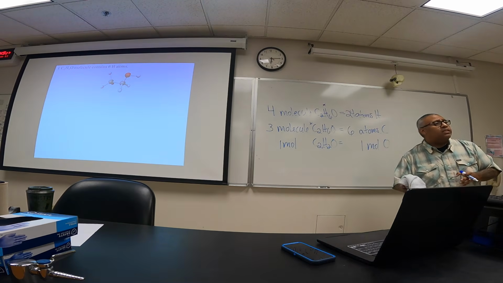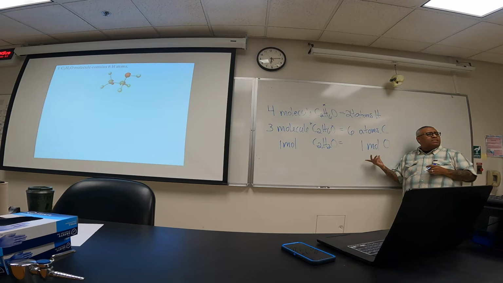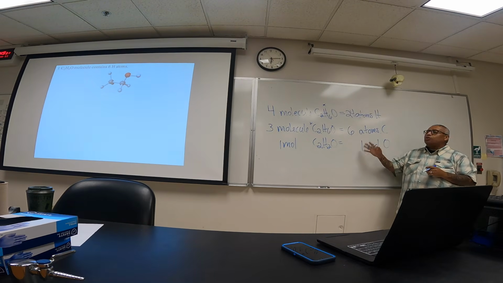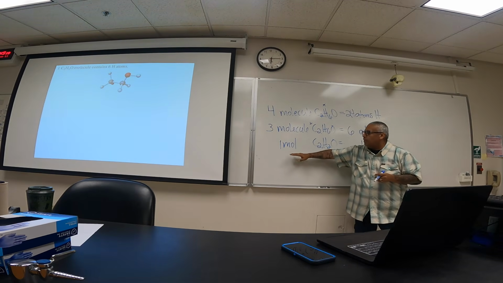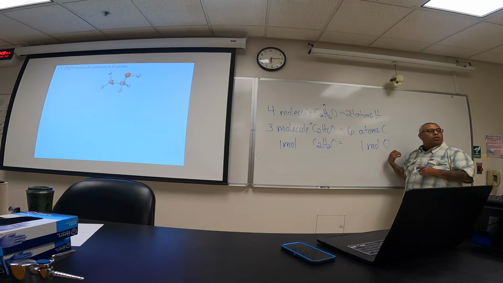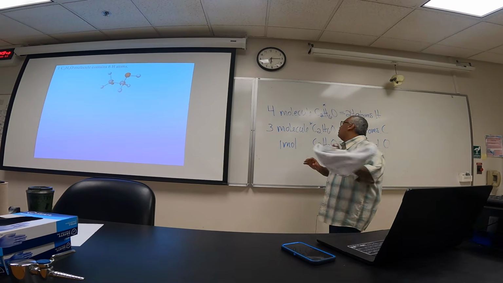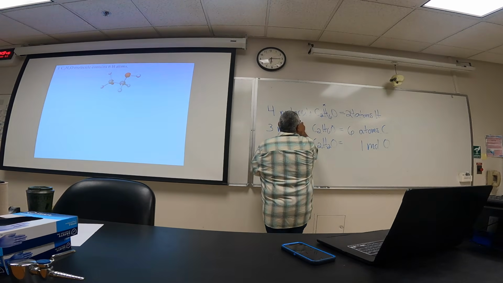This makes it much simpler, because we're always dealing with huge amounts of atoms and molecules. So 1 mole of this, I have 1 mole of oxygen. And we can change these up here now.